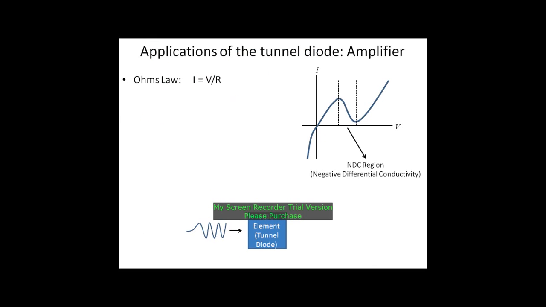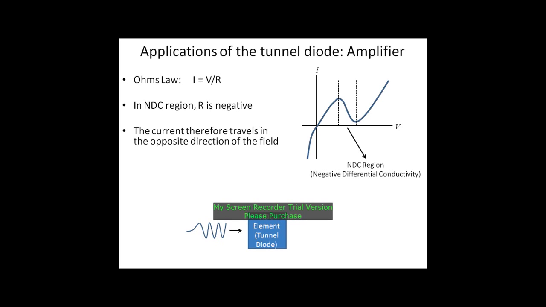So in terms of applications for the tunnel diode, the first one is that it can be used as an amplifier. So we know that from Ohm's law, the current is equal to the voltage divided by the resistance. And we see that the resistance in the NDC region is negative. So what that means is that the current actually travels in the opposite direction of the applied field.